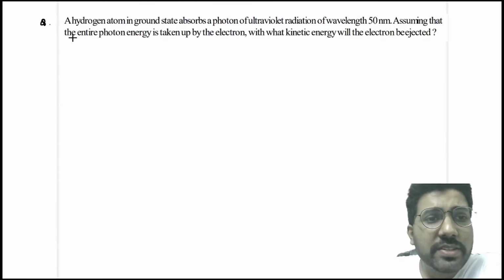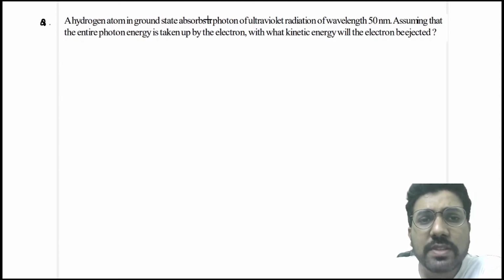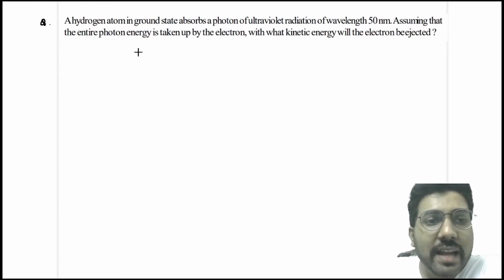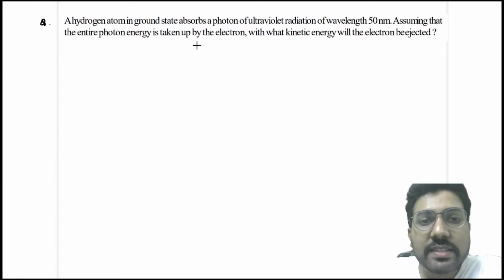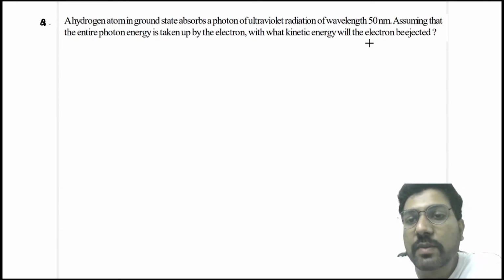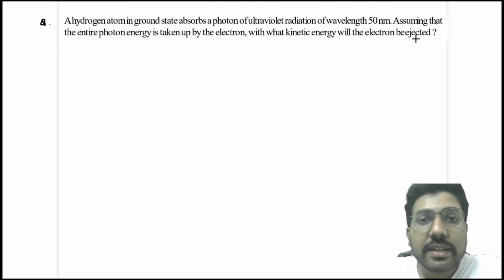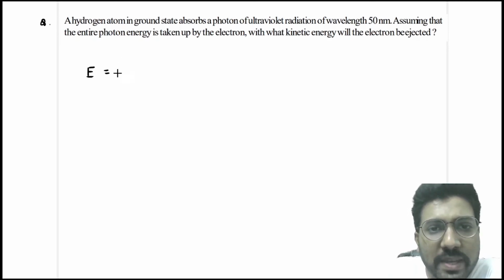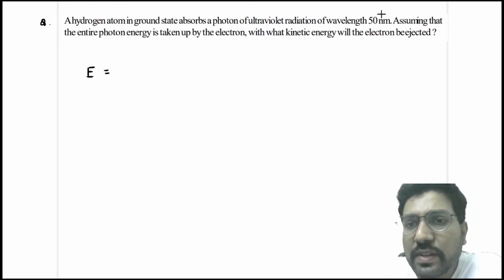In this question, it is given that a hydrogen atom in ground state absorbs a photon of ultraviolet radiation of wavelength 50 nanometer. Assuming that the entire photon energy is taken up by the electron, with what kinetic energy will the electron be ejected? The hydrogen atom is absorbing a photon of wavelength 50 nanometer.